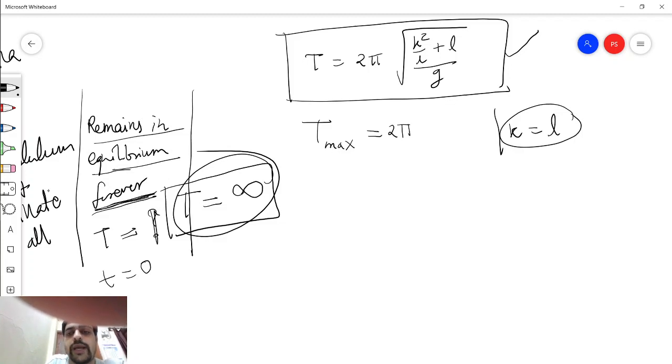So this is 2π root of 2L by g, or just 2π root of 2k by g, because L and k are same.